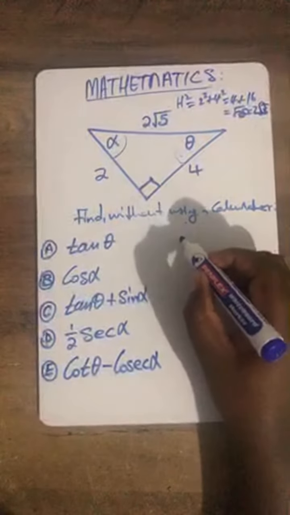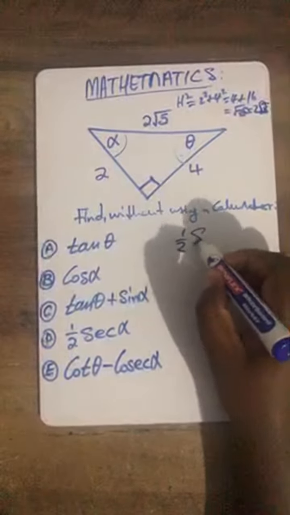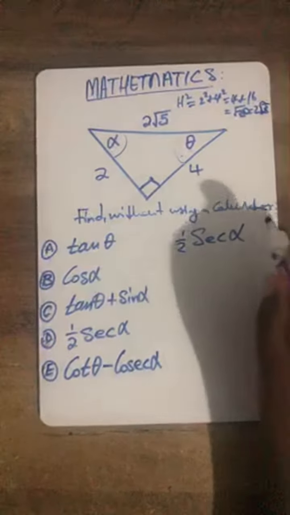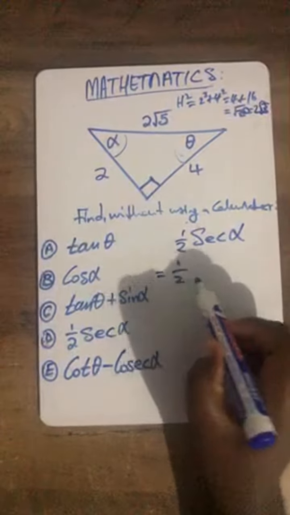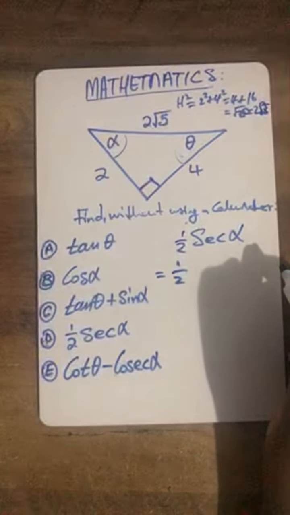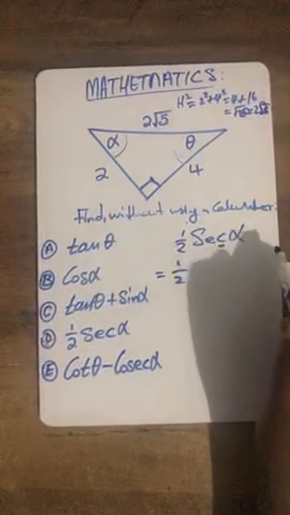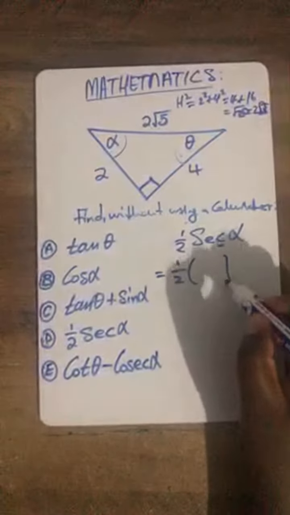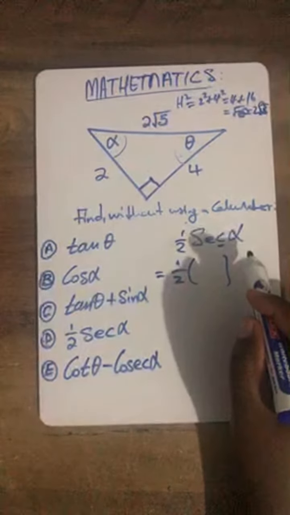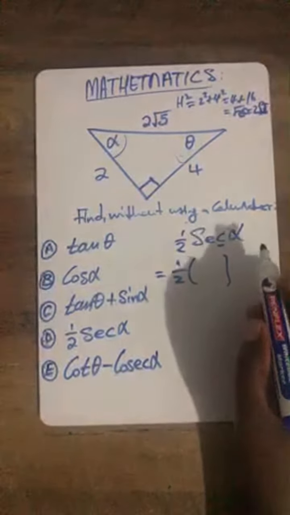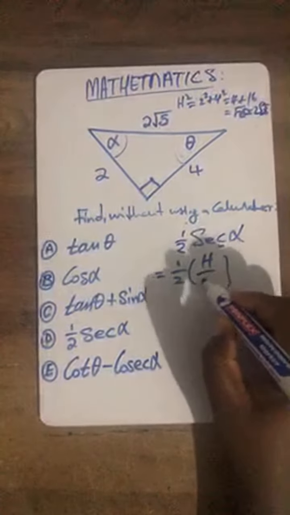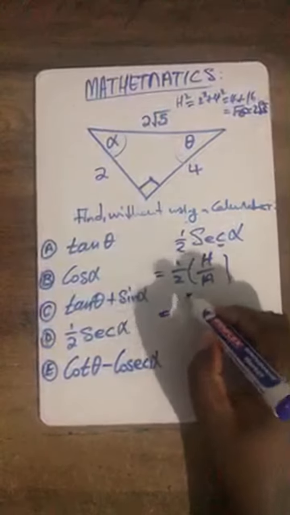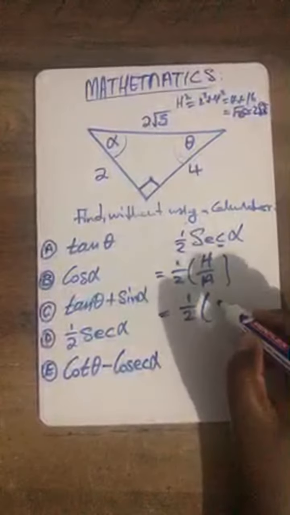So let's go to D now, which is half sec that. This should be an easy one. 1 over 2 sec for cos. Cos is adjacent over hypotenuse. So that means it's going to be the opposite of it. And then we have 1 over 2. What is h?